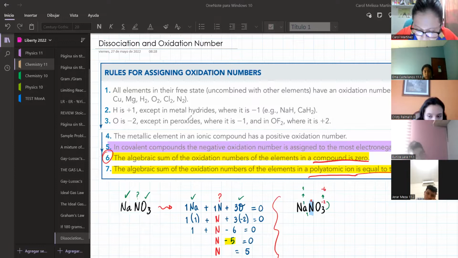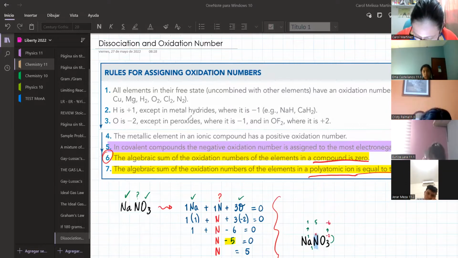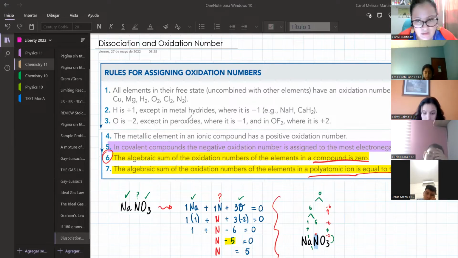So here I have 5. So 1 and 5 make 6. And here you have -6. And 6 minus 6 gives you 0. With this, you know that the oxidation number that you just got is correct, okay? Because it was equalized to 0 in the end.